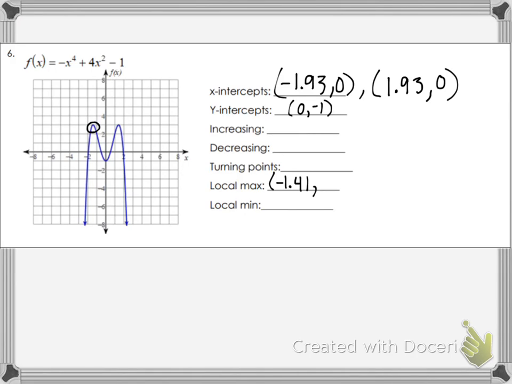Anyone else getting negative 1.41? What's our y value? 2.90. What do we get? 3. Try it again real quick. See if you can get it.